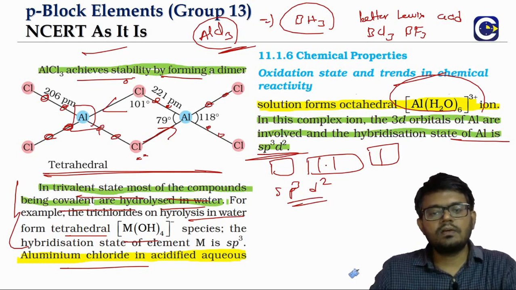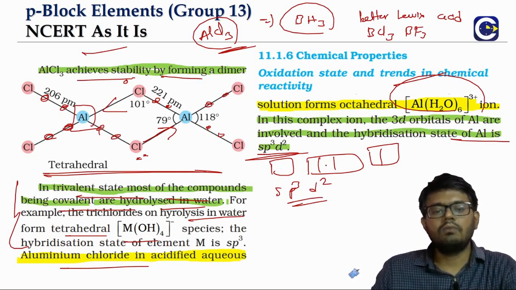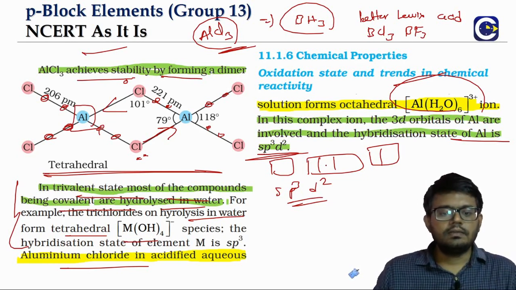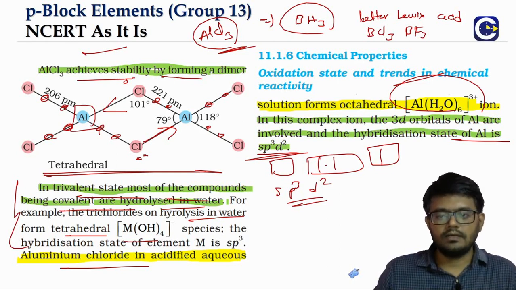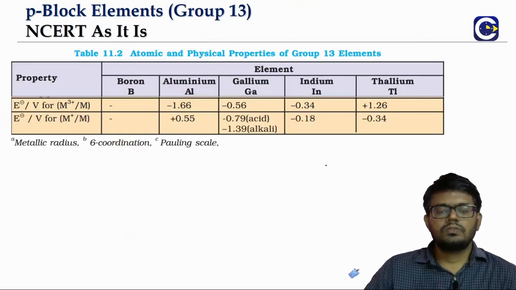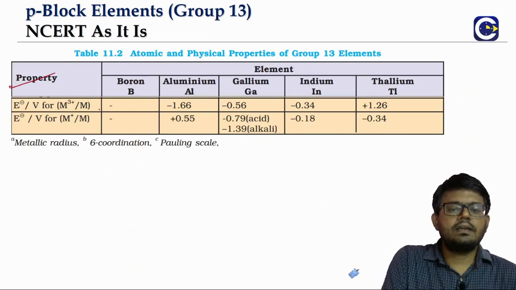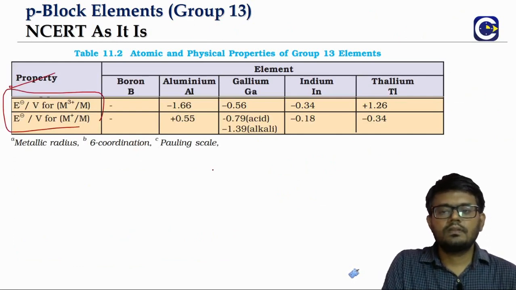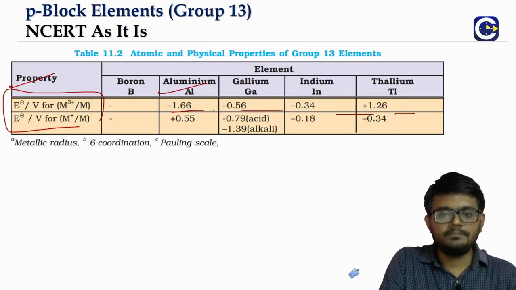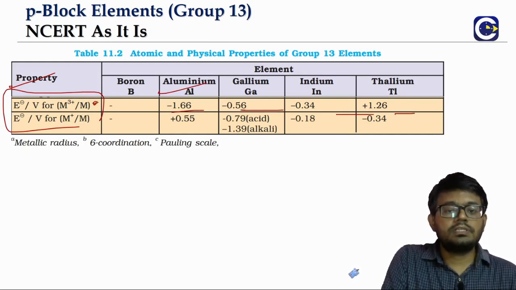So in case of boron, we will have tetrahedral ion formation. In case of aluminum, we will have octahedral. Now when you look at the standard reduction potentials, one thing we will observe is, as you move from aluminum to thallium, the reduction potentials in the +3 state, it is most negative for aluminum.